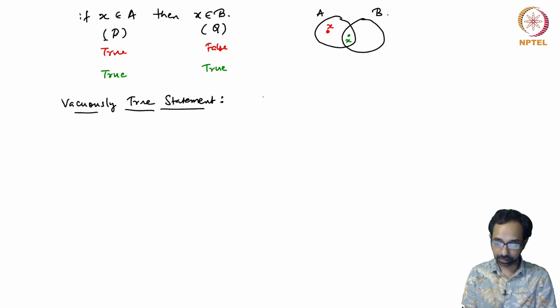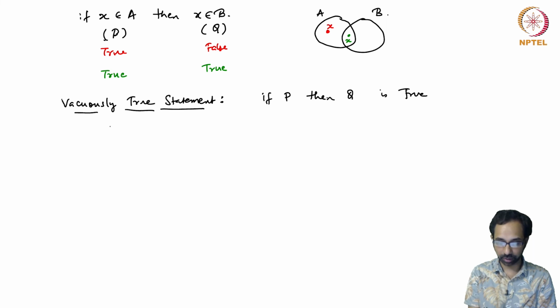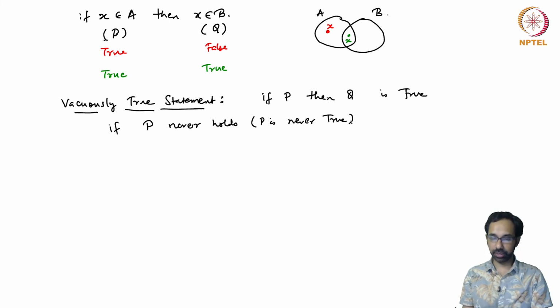And this is an if-then statement. So if P then Q, this statement is true if P never holds, meaning that P is never true. In no case is P true.